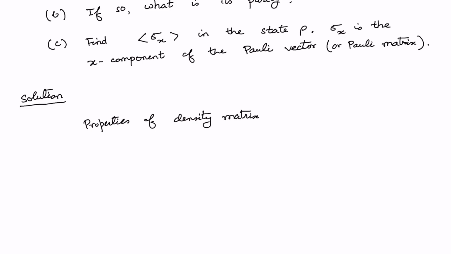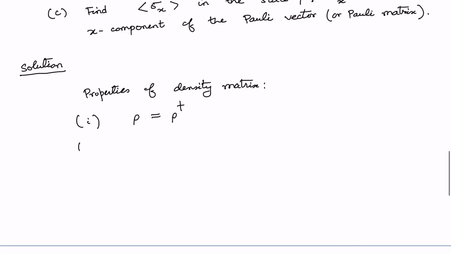Firstly, the density matrix has to be Hermitian, that means rho should be equal to rho dagger. The second property is trace of rho should be equal to 1.